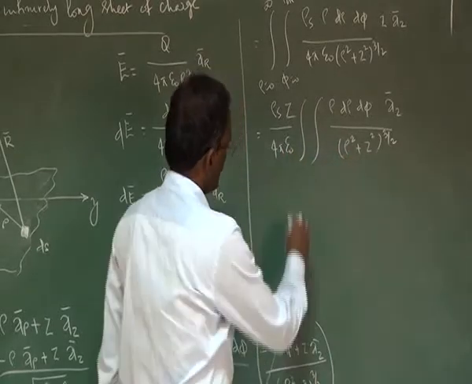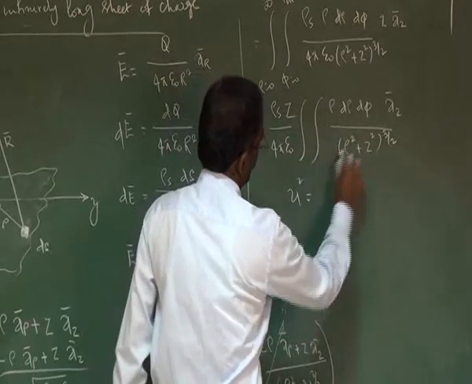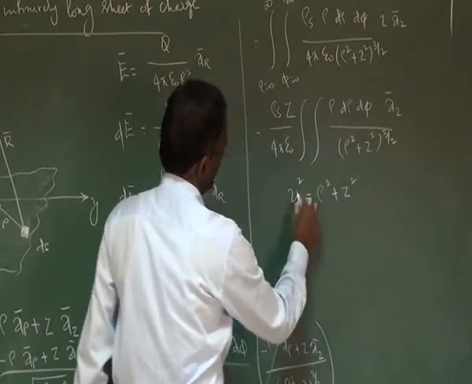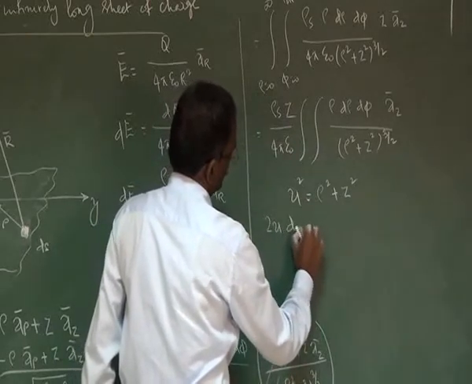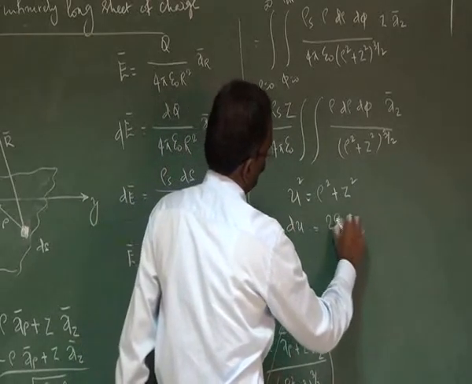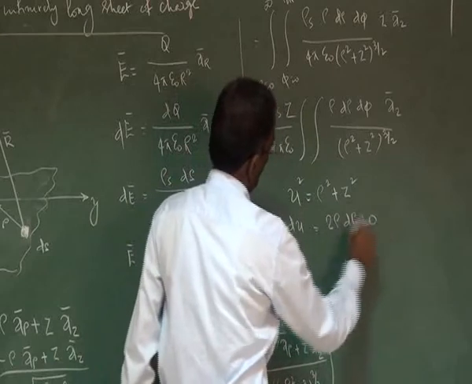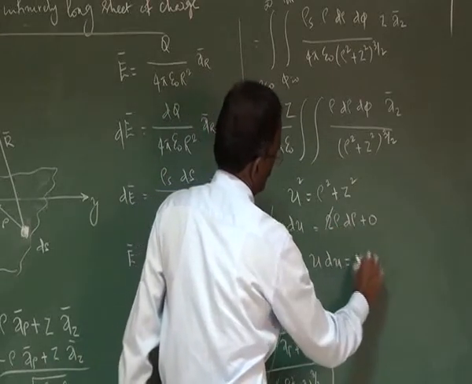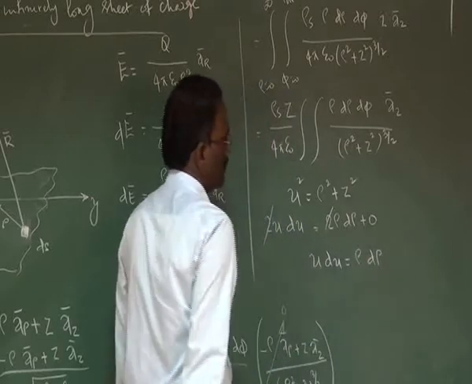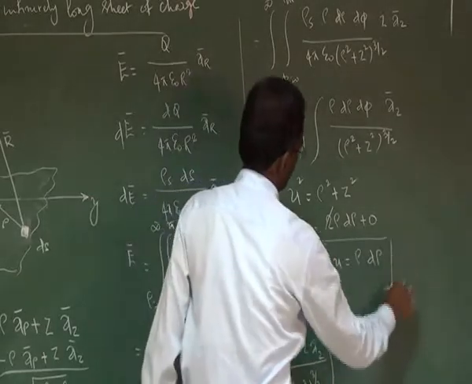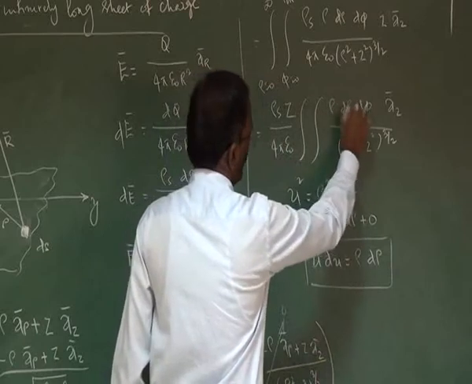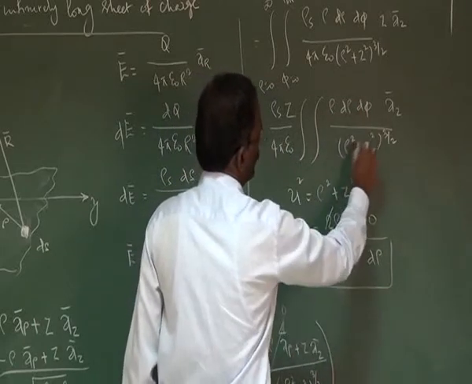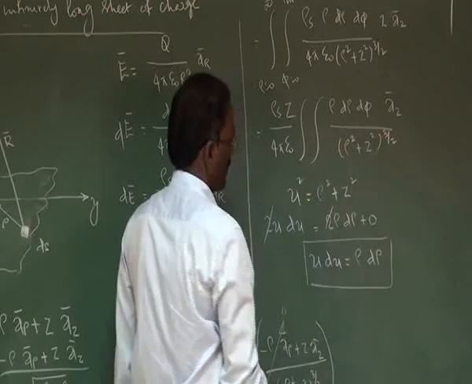So a dummy variable has to be introduced. Put u square is equal to rho square plus Z square. Differentiate it. 2u du, 2 rho d rho plus 0. u du is equal to rho d rho. So rho d rho, instead of rho d rho I will substitute u du, right. Rho square plus z square I will substitute u square, right.